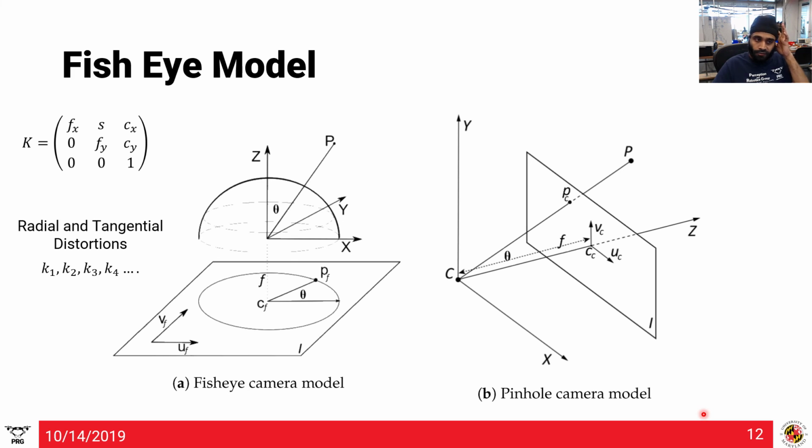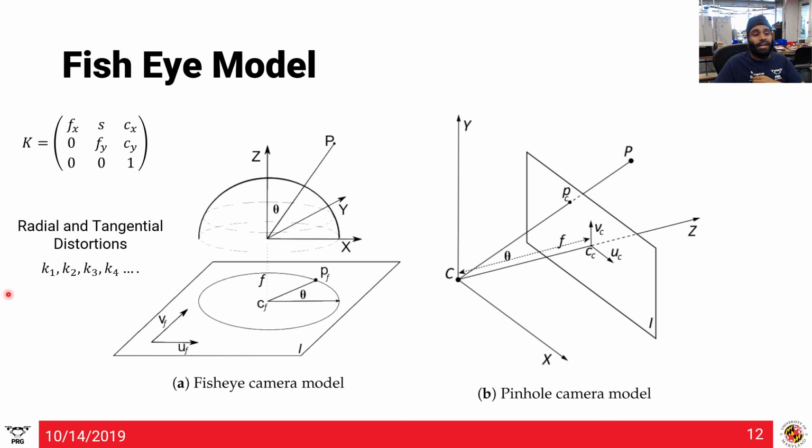The pinhole model we talked about doesn't account for much distortion, right? But when we widen our field of view, with a wide angle camera, fisheye camera or omnidirectional camera, the problem is that radial and tangential distortion affects the system a lot. In images A and B, I am projecting what I get from something spherical onto an image plane, which has a lot of radial and tangential distortion.